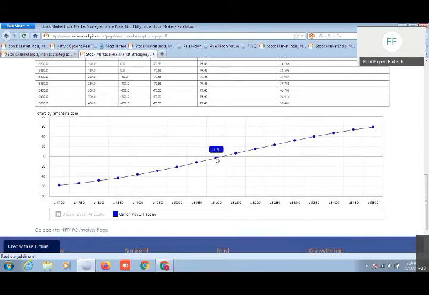Now you can analyze. Suppose in a single day the price goes to 15,200 or 15,250, what can be the increase in the premium value, where you need to put your targets. Similarly, if the price is coming down, say to 14,900, then how much can be the losses? That you can see here.